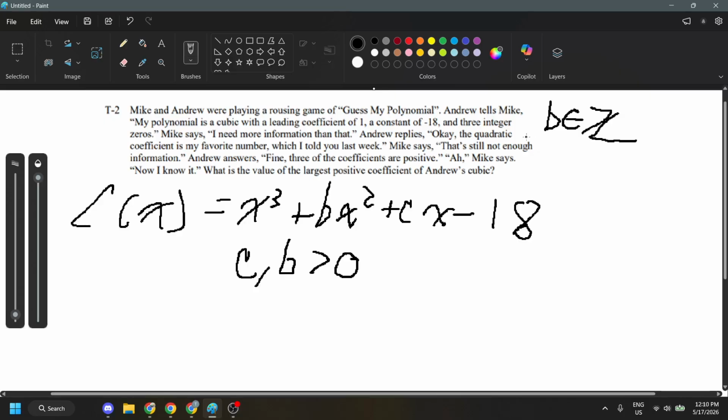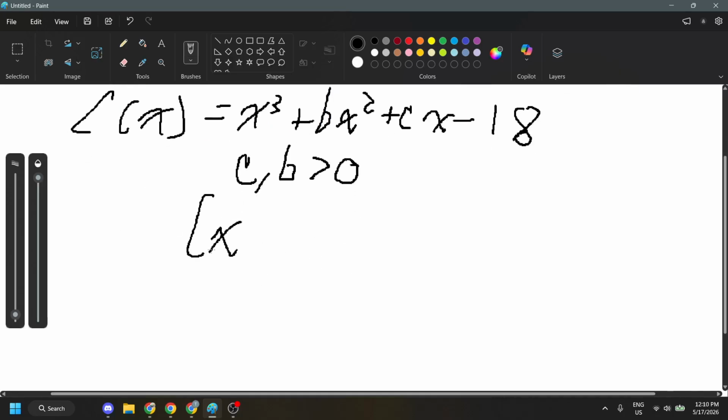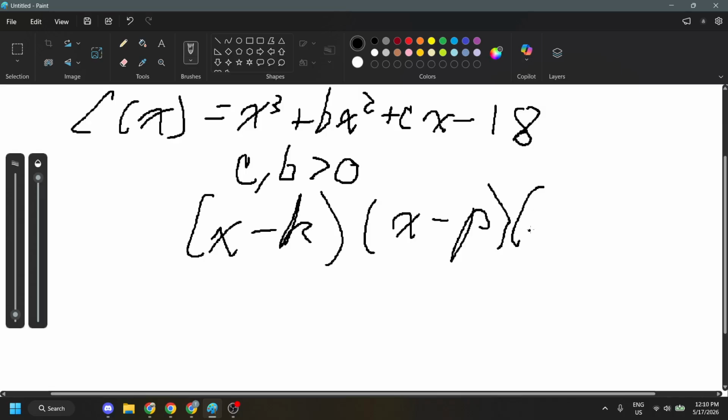I don't understand how this tells us what it is. Okay, so if the constant is negative 18, it could factor into x minus k times x minus p times x minus q.